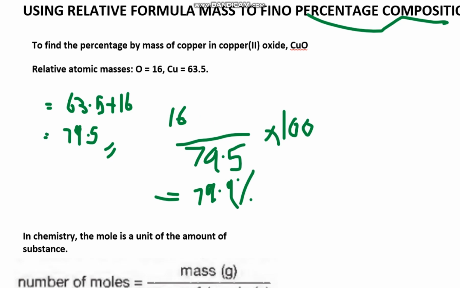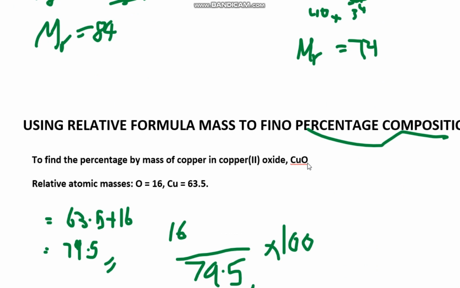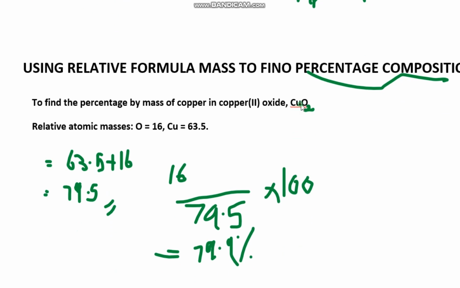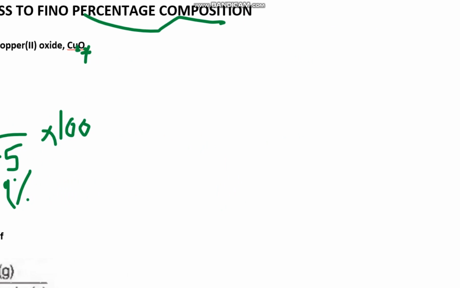This is the way you have to find it, even if the compound has a 2 here, so you just multiply 63.5 by 2 and put this above, and the relative formula mass would be different. For example, you have a compound like Na2CO3.